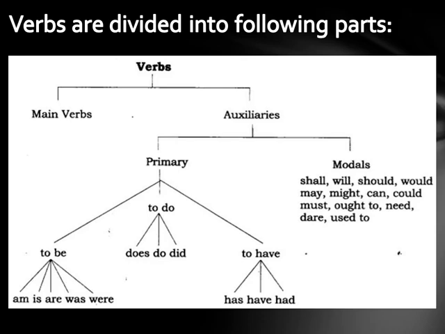In modals, we use shall, will, should, would, may, might, can, could, must, ought to, need, dare, used to. Now, further I will explain you all these types of verbs.